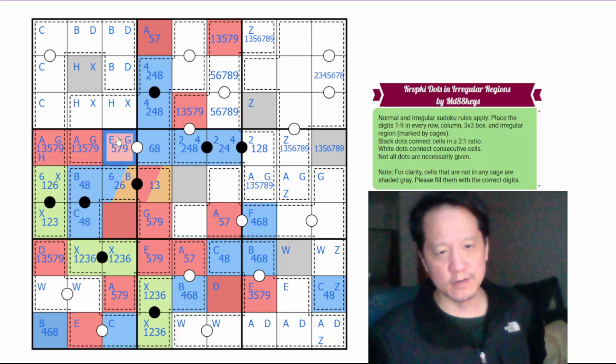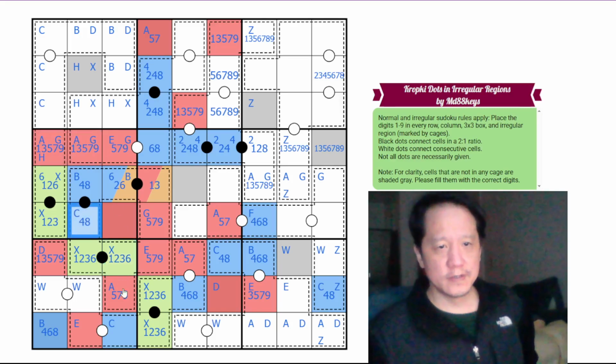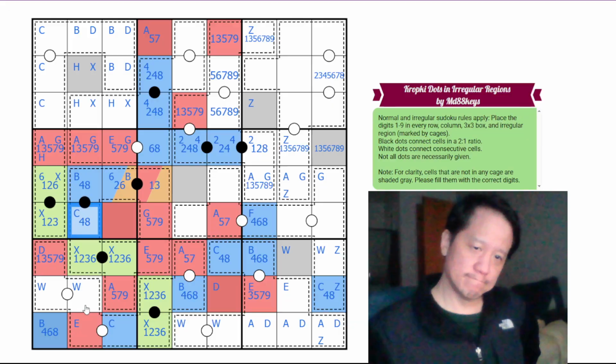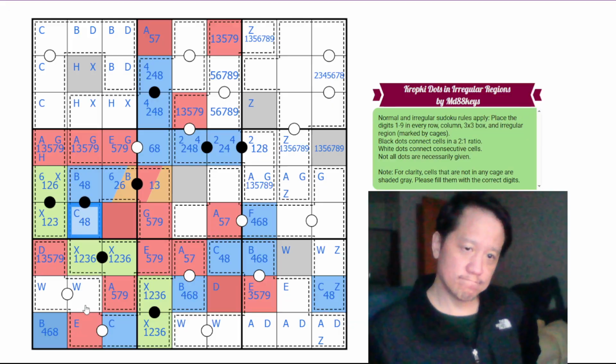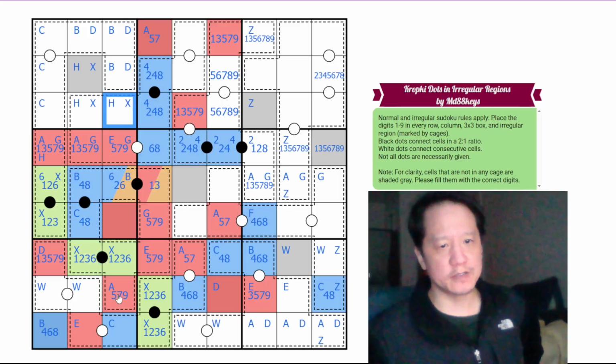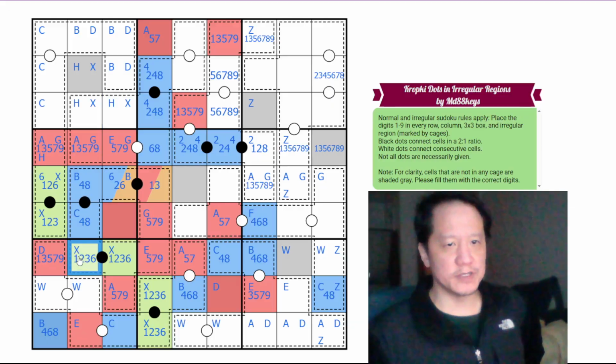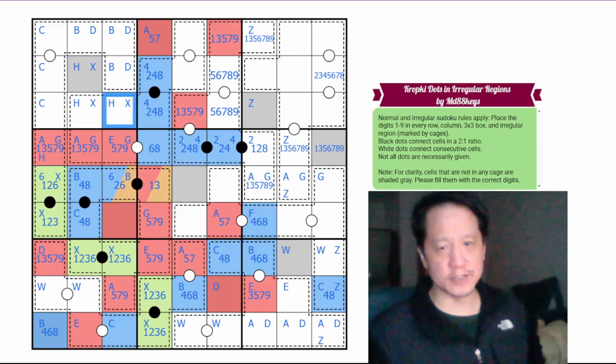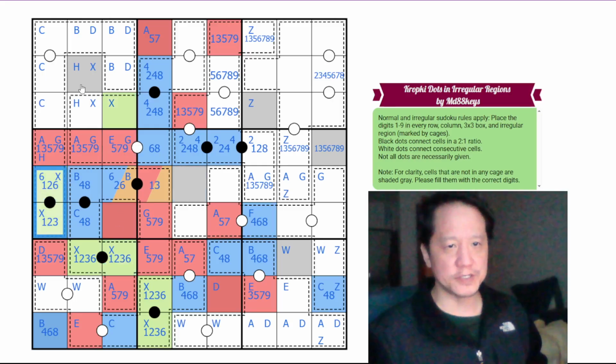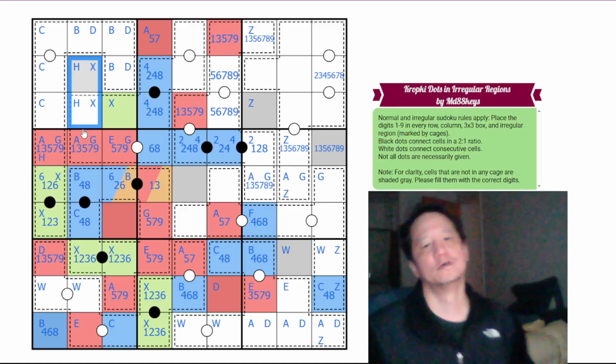Or E. So that means this is guaranteed to be X. Because one of these is X. It has to be one of those two. Cannot be here, so it has to be here. So this is guaranteed to be X. So this is a green. And then this one matches here and is one of those two.